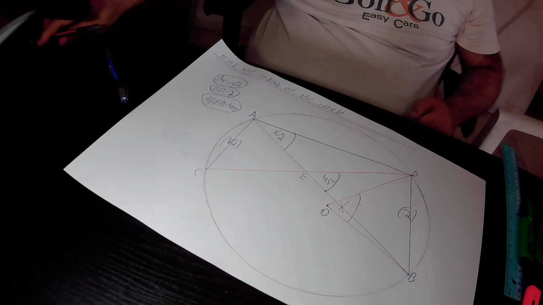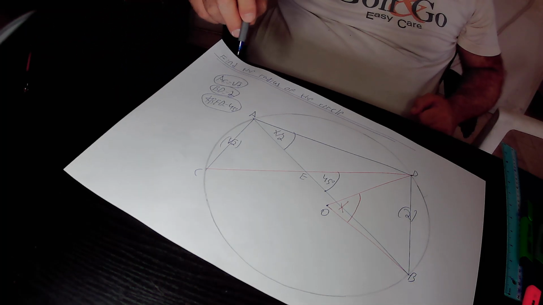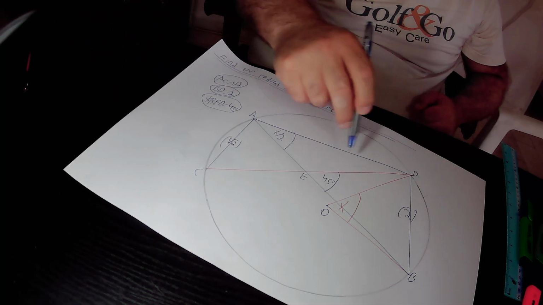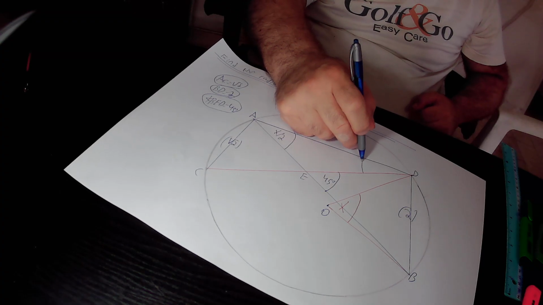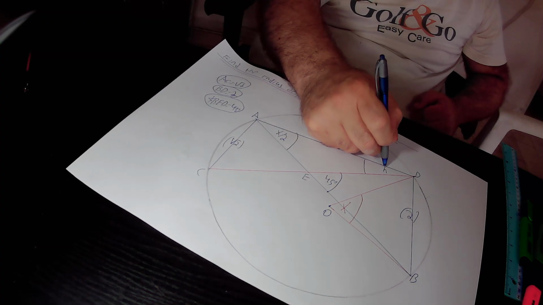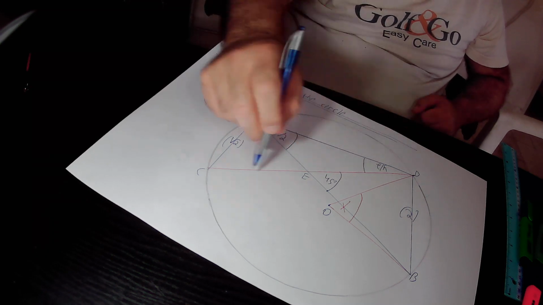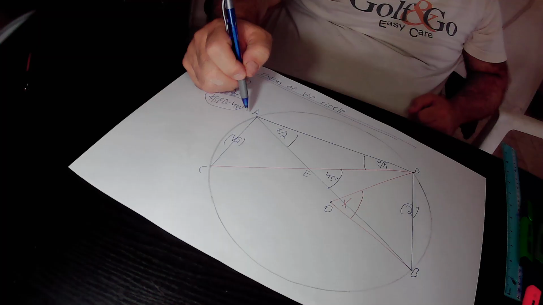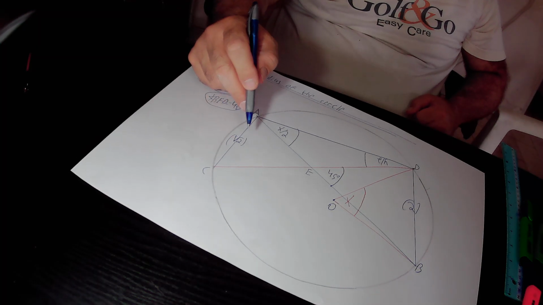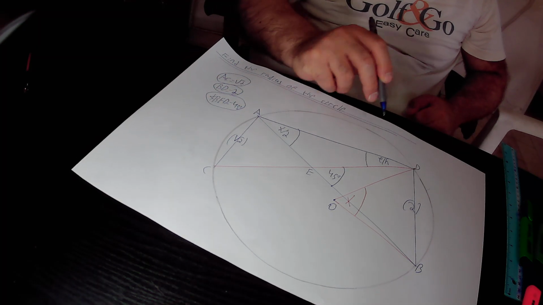In the next step, we will define the size of this peripheral angle ADC. This angle is y over 2. So peripheral angle ADC is subtended on chord AC, and the size of this peripheral angle ADC is y over 2.